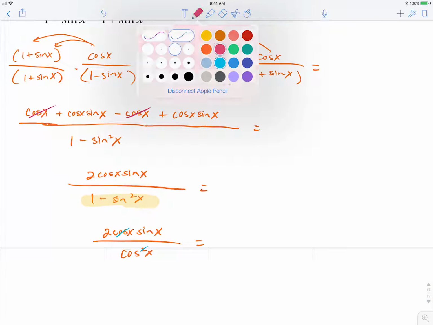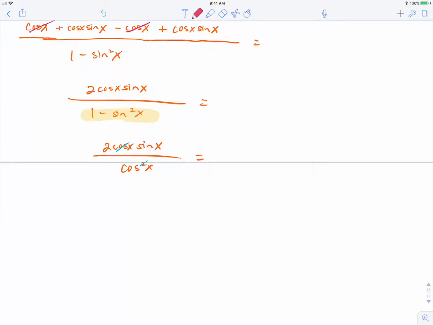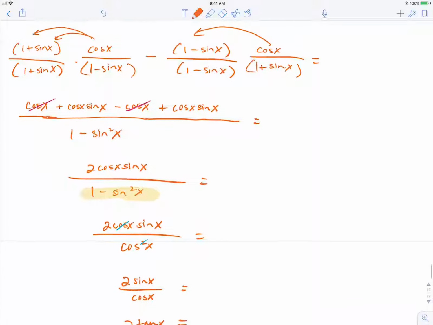And that'll leave us with 2 times sine over cosine. And we know sine over cosine is tangent. Okay.